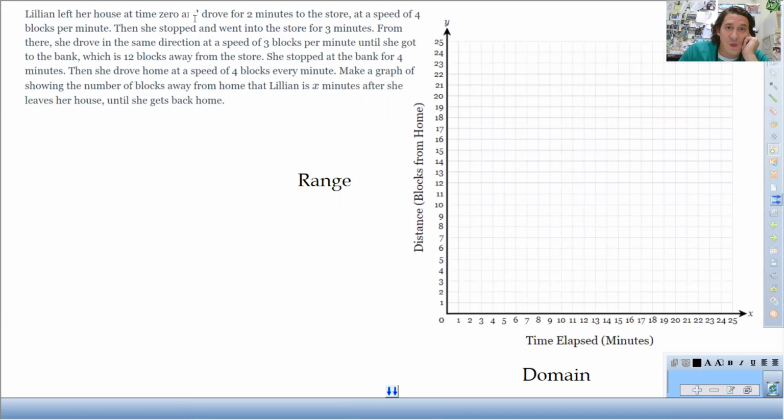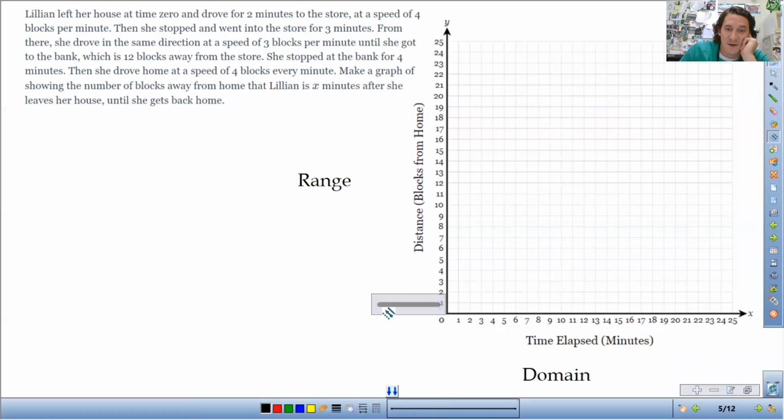So if we go back up to the top, she left her house at a time of 0. So I'm going to graph this. Start at 0, 0, and she drove for 2 minutes at a speed of 4 blocks per minute.